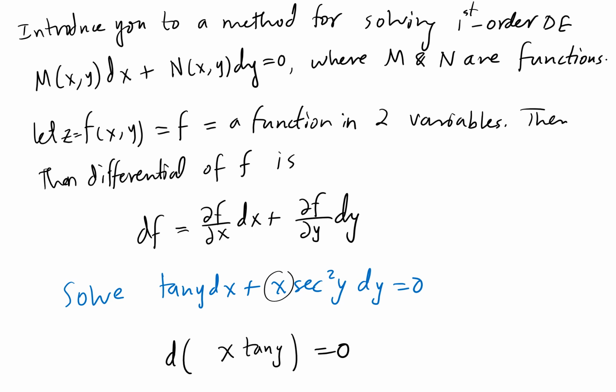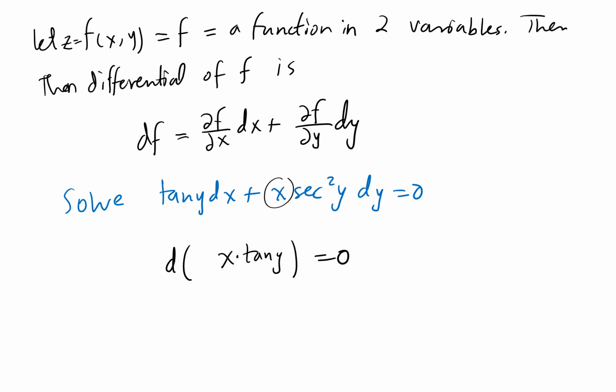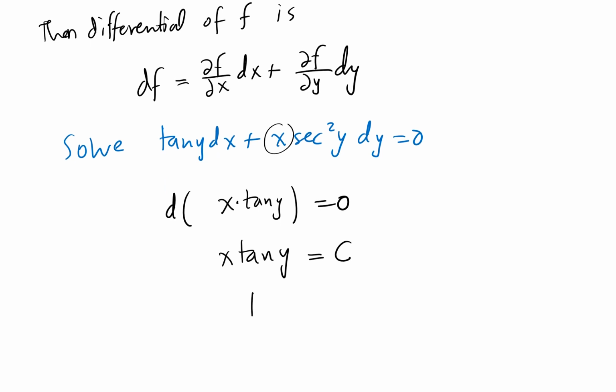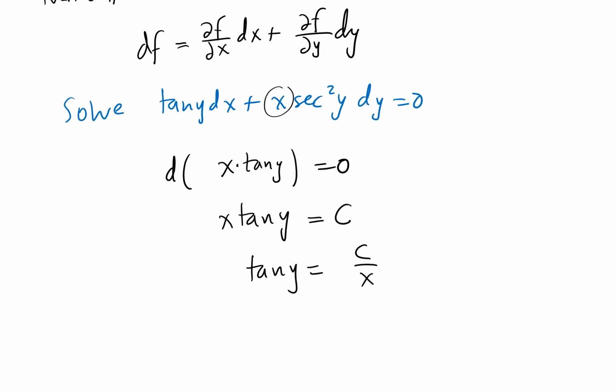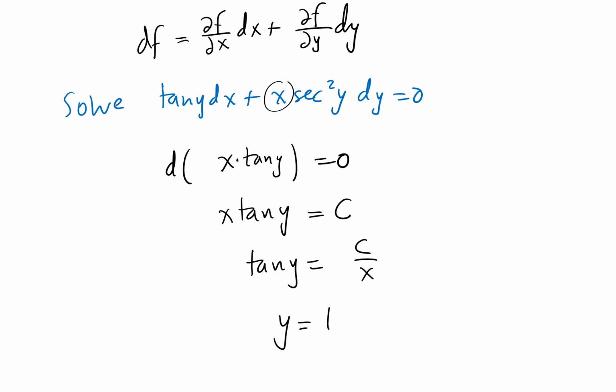So by the product rule backwards, that would give you the equation right above it. If the derivative of a function equals 0, this means that function itself, x tangent y, is equal to a constant. So tangent y equals c over x. And if I want to solve for y, that would be tan inverse of c over x, like so.